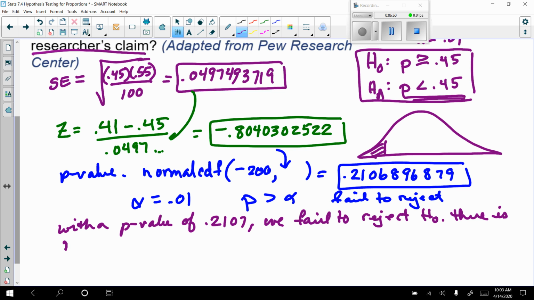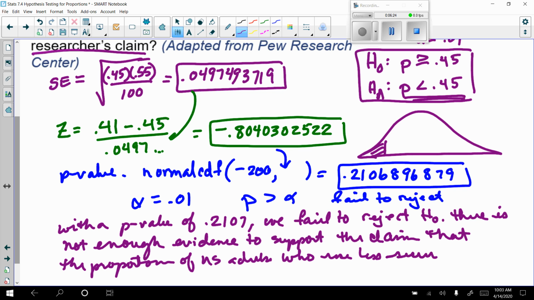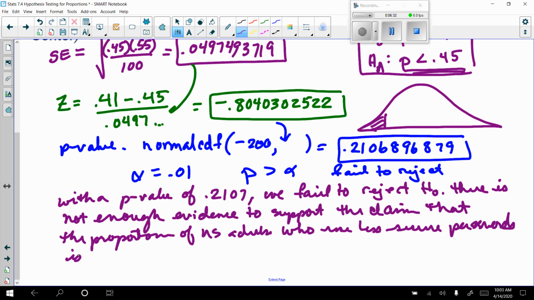There is not enough evidence to support the claim that the proportion of U.S. adults who use less secure passwords is less than 0.45.